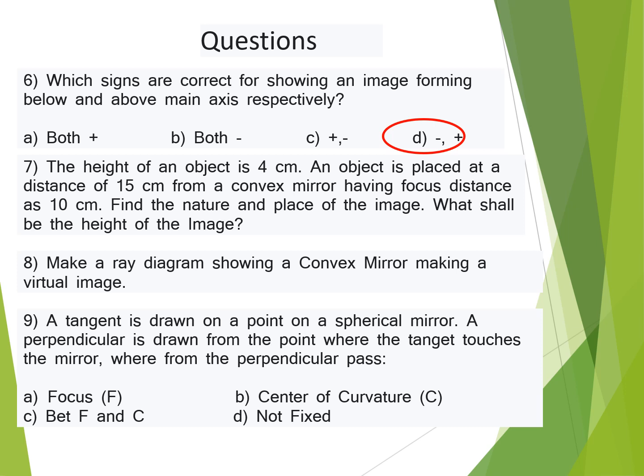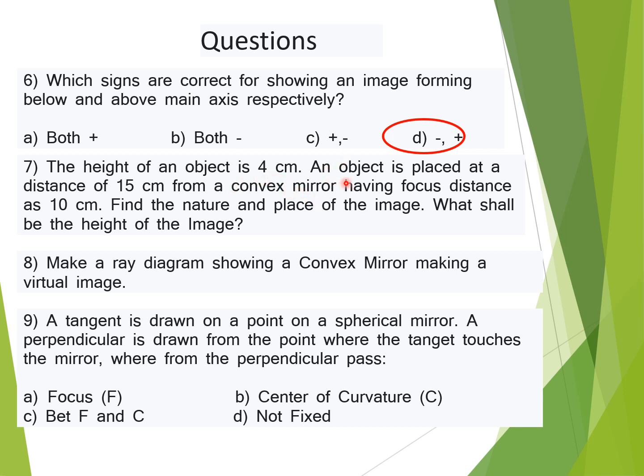Next question is, the height of an object is 4 centimeter. Then the object is placed at a distance of 15 centimeter from a convex mirror, having focal distance as 10 centimeter. Find the nature and place of the image and what should be the height of the image. So what all is given?